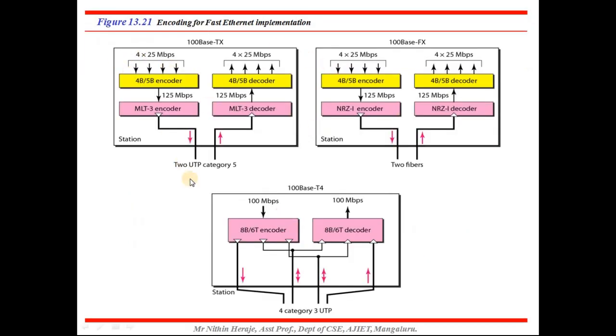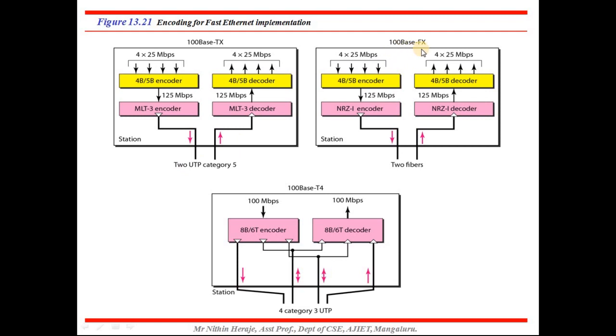If you look at this encoding for fast Ethernet implementation, this is how the implementation is in 100 base TX. You can see the 100 Mbps is split into 4 times 25 Mbps, and an MLT3 encoder and decoder are used. Also, two UTP category 5 cables are used.